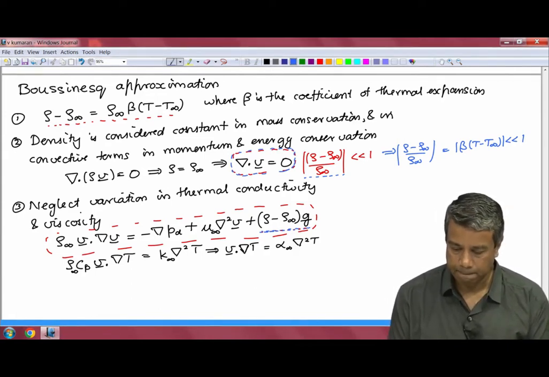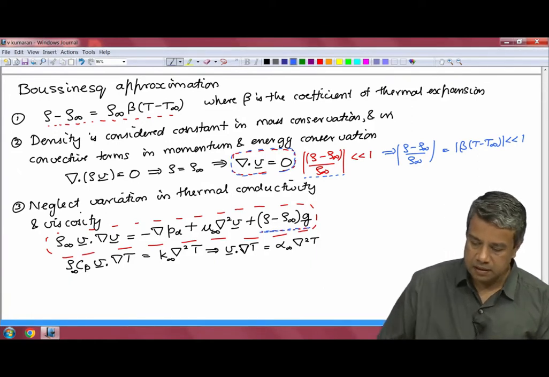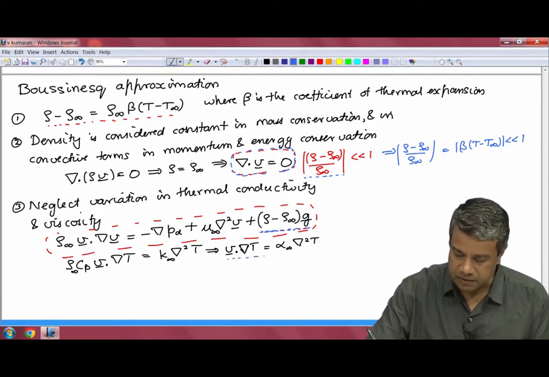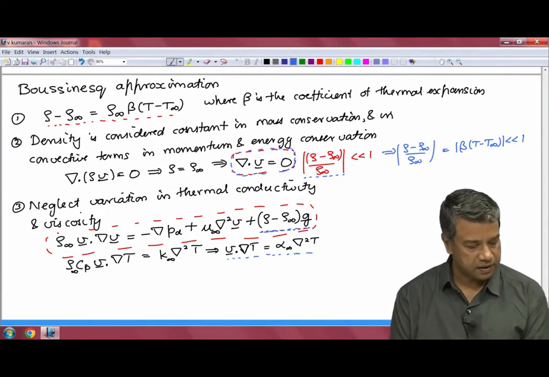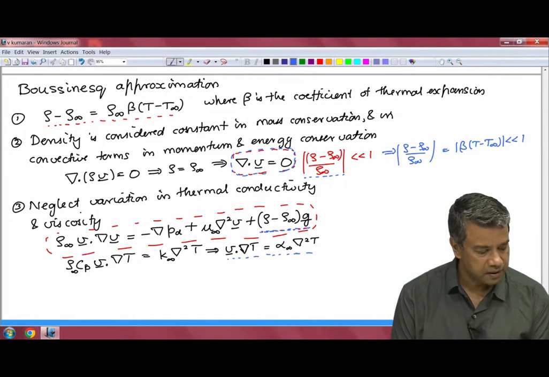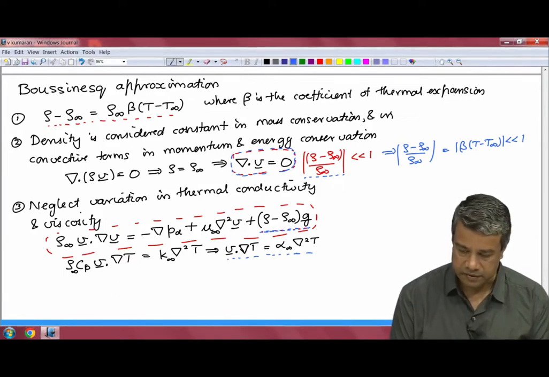And the energy balance equation is written for a fluid with constant thermal diffusivity.